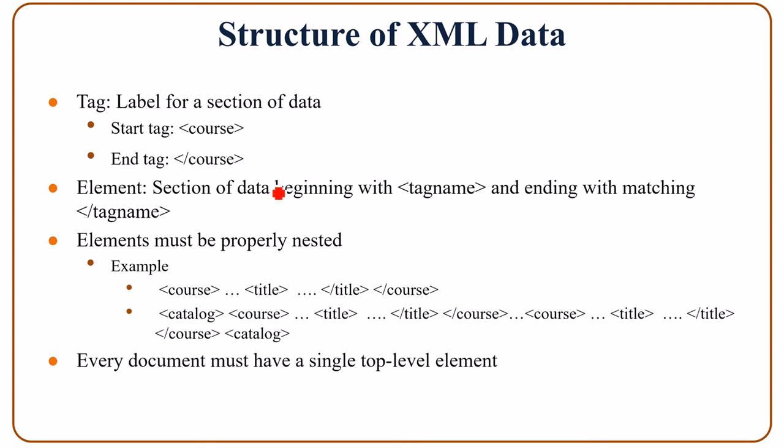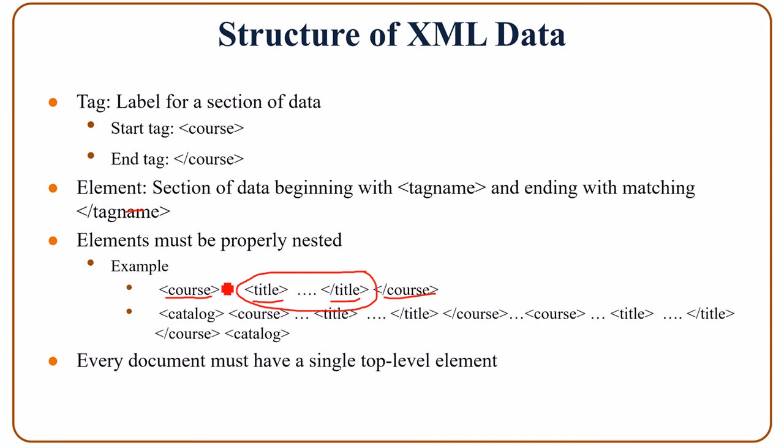So let's look at the example. We have the course element, which is a parent of title. The title's start tag and end tag must both be inside the start and the end tag for course.